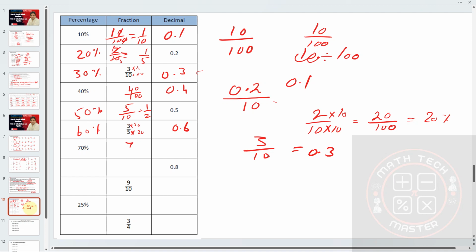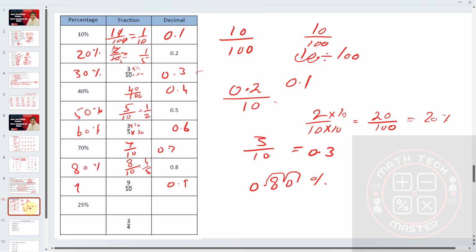Same is the case, it will be 7 over 10 or 0.7. 0.8 will be changed into 80%, or we can simply say if it is 0.8, we can jump the decimal 2 steps to the right to change it into the percentage. So we can get 80% of it. So it can also be 8 over 10 or 4 over 5.